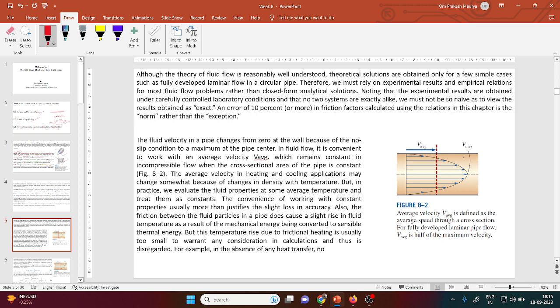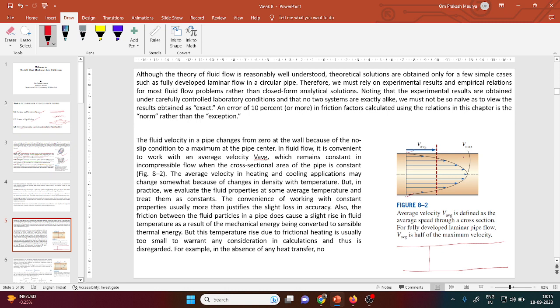As we have seen already in many classes, I have discussed how the velocity varies in the pipe in the case of laminar flow. Here we will also see the turbulent flow case, as already drawn. The velocity at the wall is 0 due to the no slip condition.